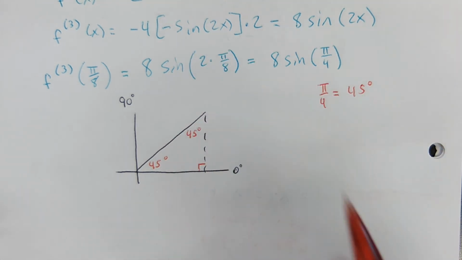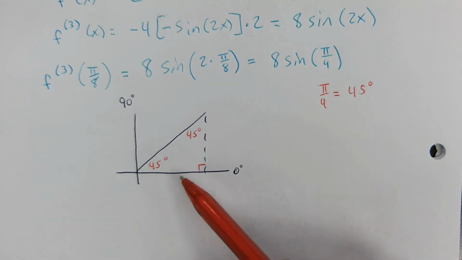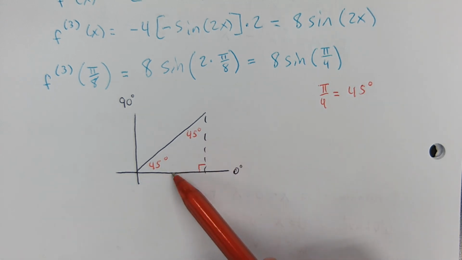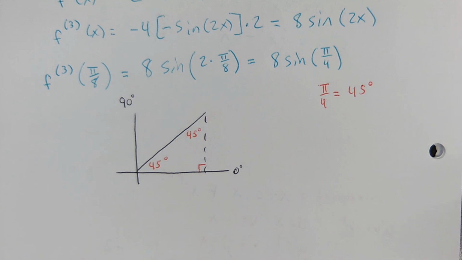Now check this out. This triangle has two equal angles. What kind of triangle is it then, by definition? Isosceles. That means these two sides are equal to each other. So we are going to assign a value to them. It doesn't matter what value you give them, so I'm going to give it a value of 1 to keep the numbers nice and small.